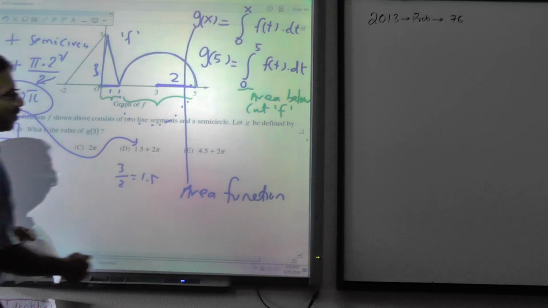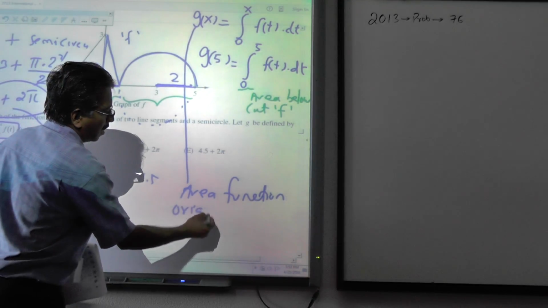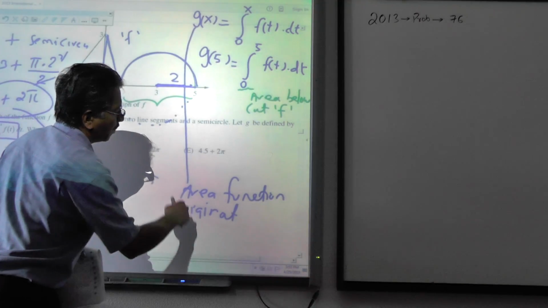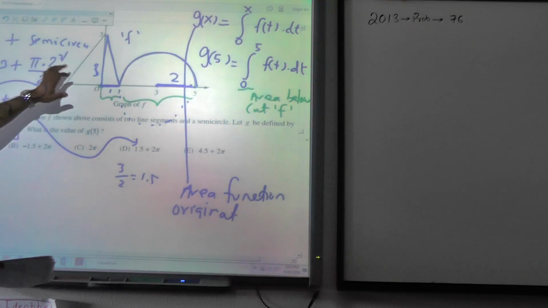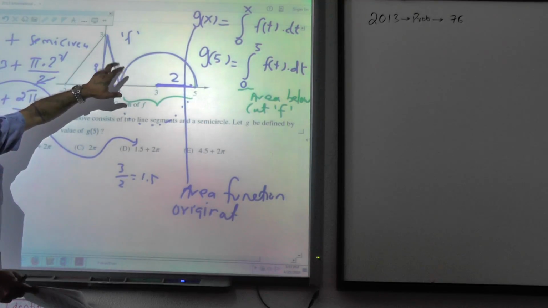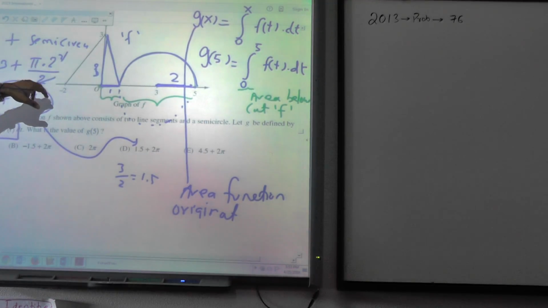So the main original function is the area function, and if you take the derivative, you get f of x, which is given. So f of x is the derivative of g, the accumulative area function. I hope I made sense. Go through this and read this. I'm sure you will get it.